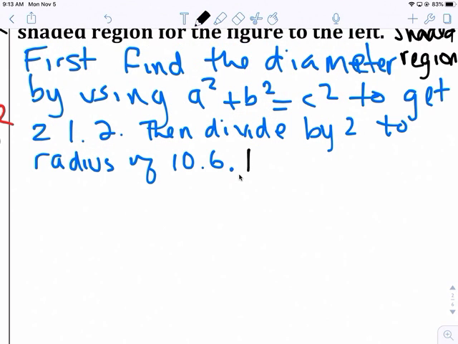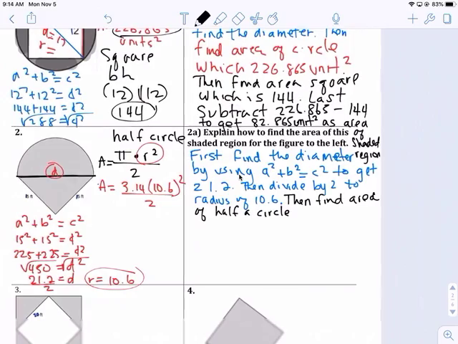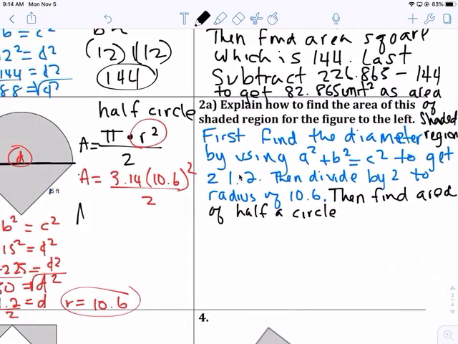Then find the area of the half circle. Put in calculator 3.14 times 10.6 squared, then divide that answer by 2.